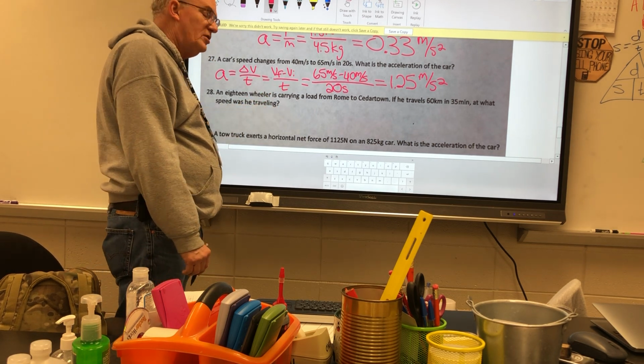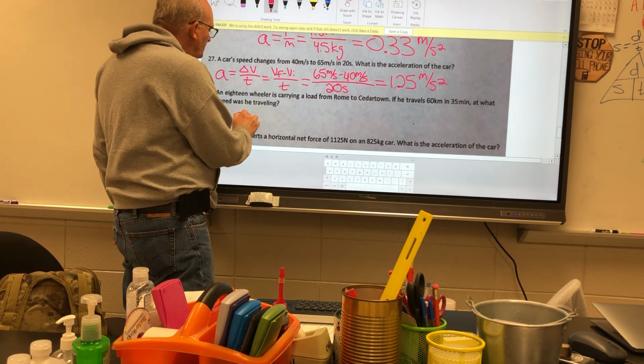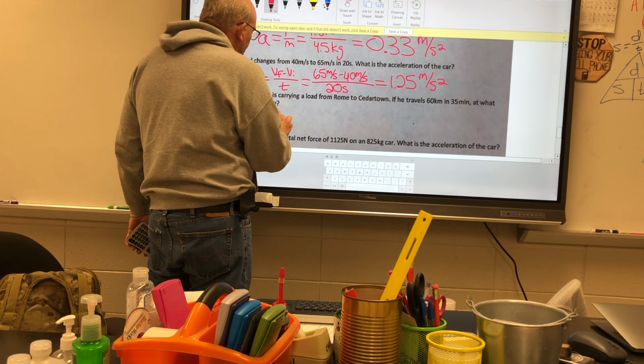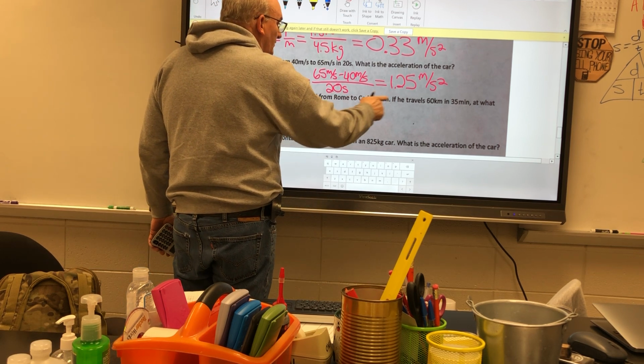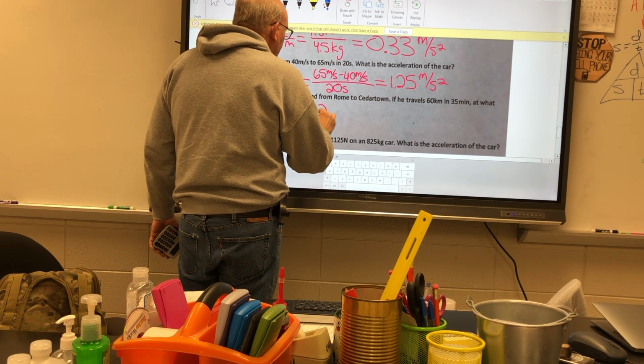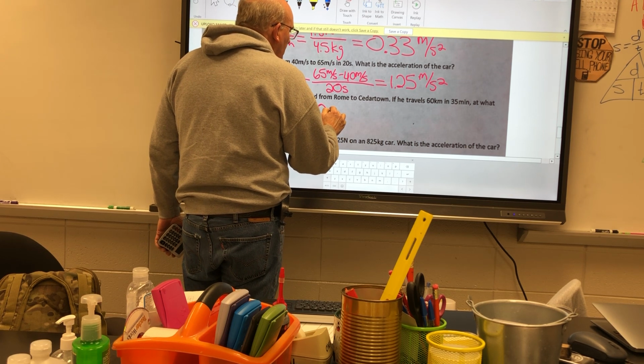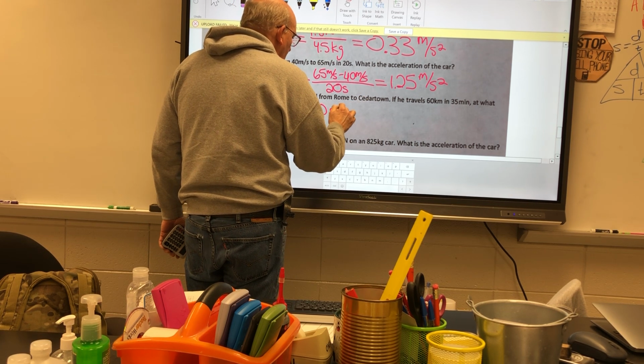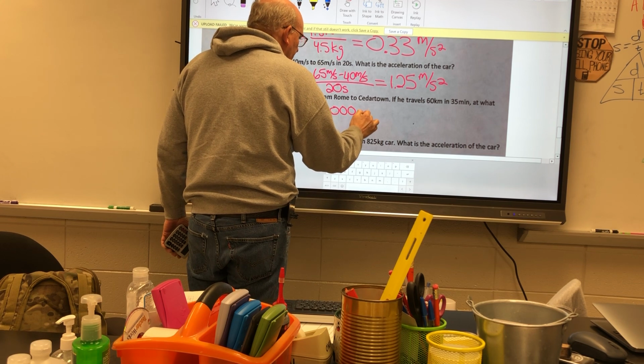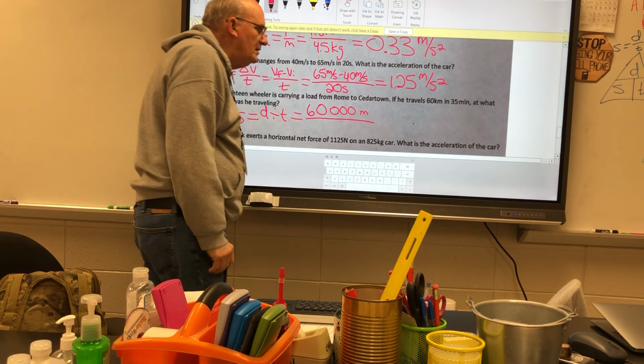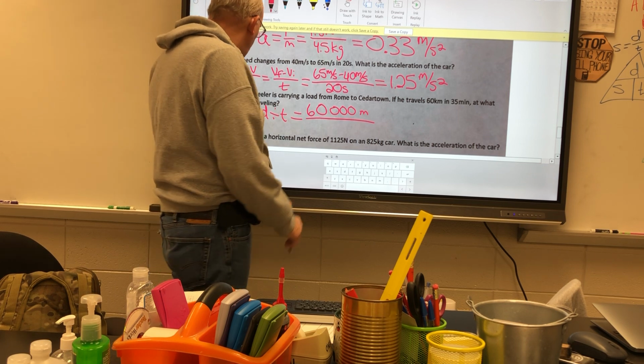Here's an example, they want to know the speed. We know the speed is equal to distance divided by time. So the distance is 60 kilometers. A kilometer is 1,000 meters, in 35 minutes.